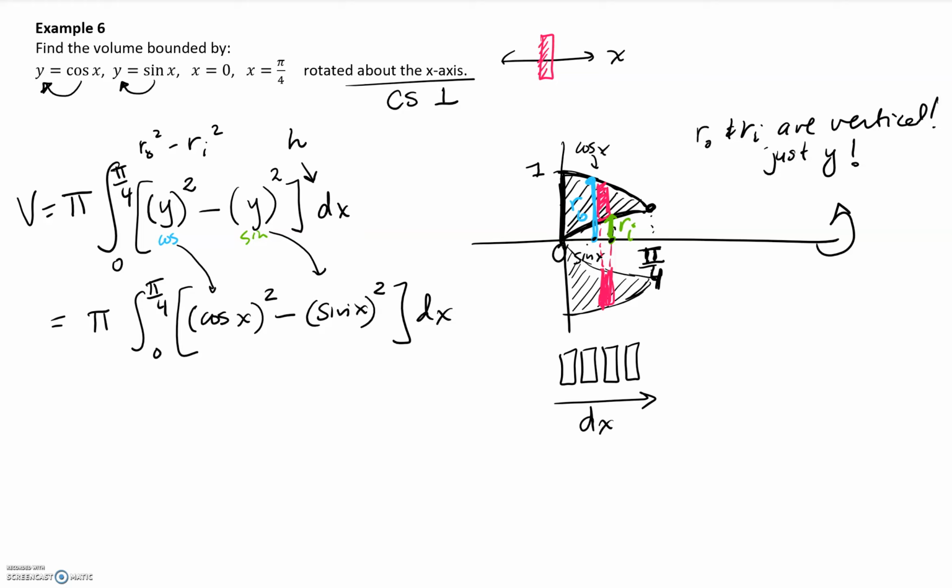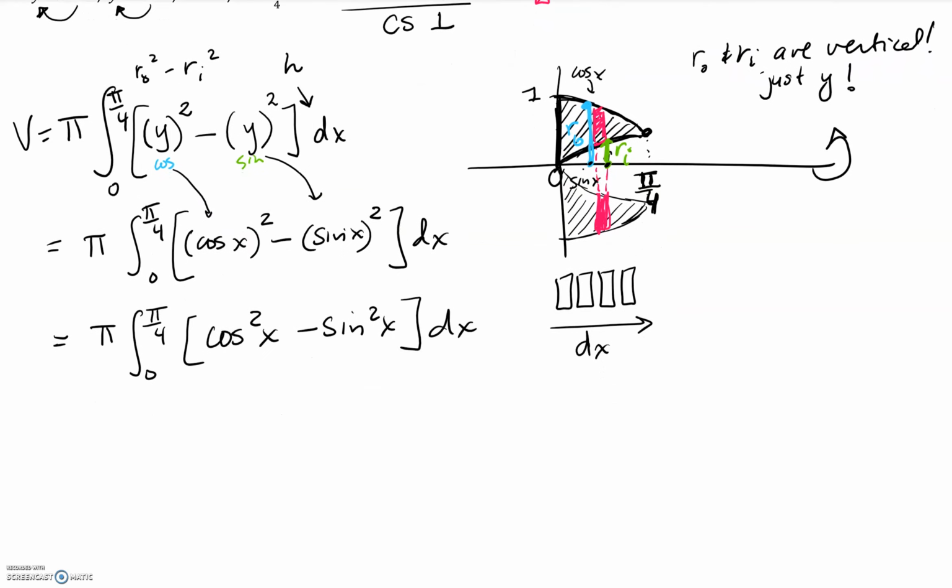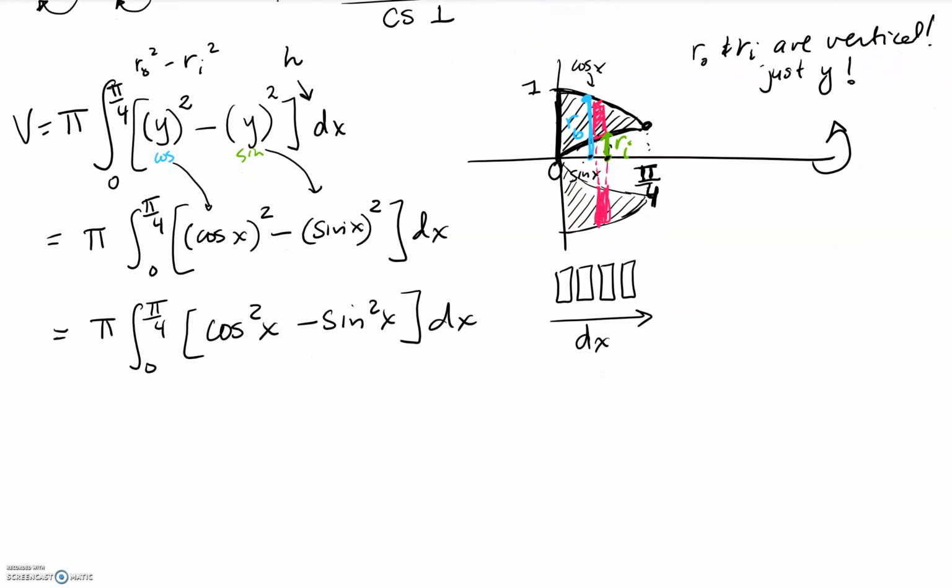And I want to remind you guys of one identity from trig to finish the problem. We've got cosine squared x minus sine squared x dx so far. And if you recall, cos squared theta minus sine squared theta from trig is actually just cosine 2 theta, the double angle identities.